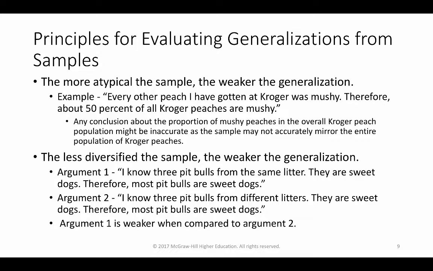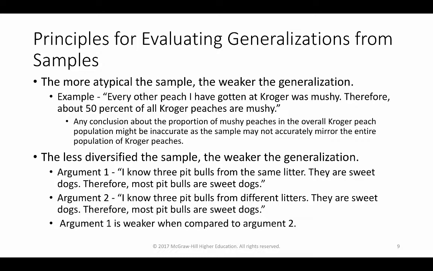In the second example, the less diversified sample is weaker than the more diversified one that represents more of the population. So the first argument, I know 3 pit bulls from the same litter, they are sweet dogs, therefore most pit bulls are sweet dogs, is weaker than the second argument, I know 3 pit bulls from different litters.